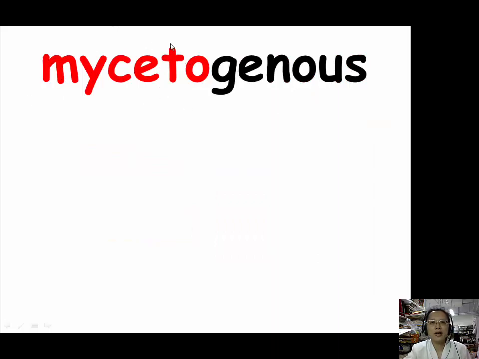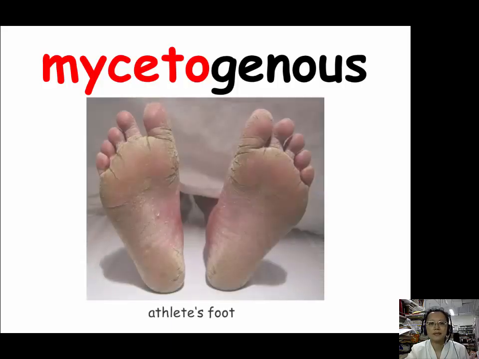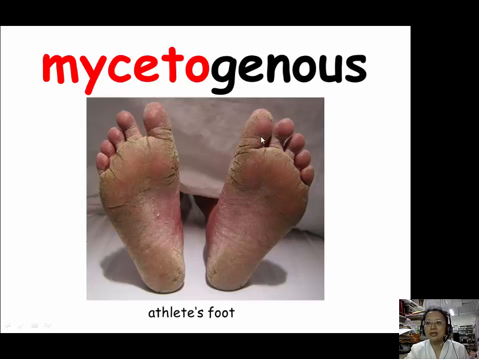Our example for myceto is mycetogenous. Mycetogenous means caused by fungus outgrowth. Like in this picture, athlete's foot is a mycetogenous disease.